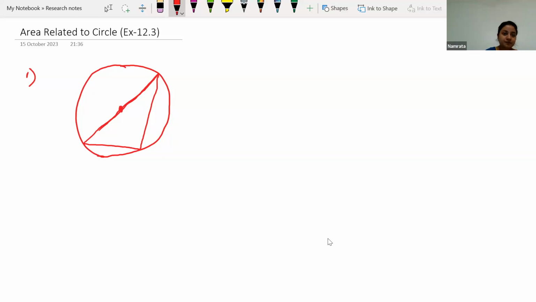This is O, this is R, this is P, and this is Q. This is the shaded region, and this one is also the shaded region. Just a moment, let me read the information given over here.